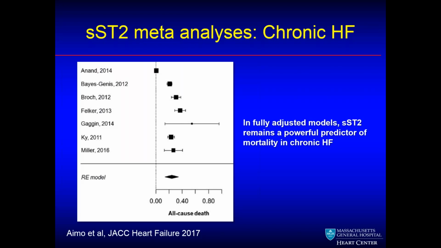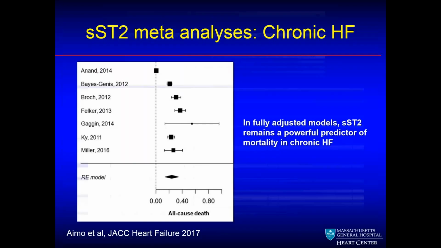Now, I want you to remember the first study in this forest plot, where the value of ST2 was right on identity. This was the VALHEFT study. And we're going to come back to the VALHEFT study in just a little bit. But that's the one study that stood out as not being associated with risk with ST2 testing using the baseline value. And I'll show you why when we get to those results.